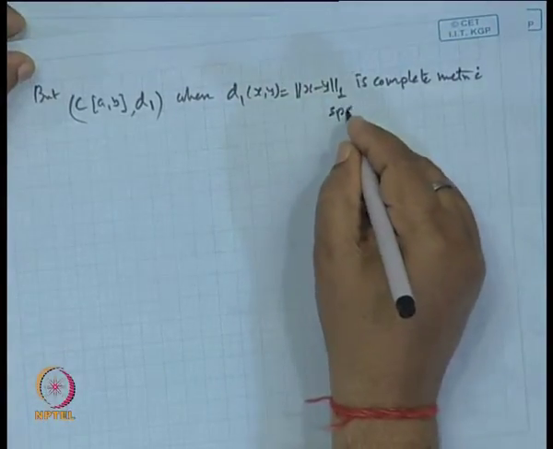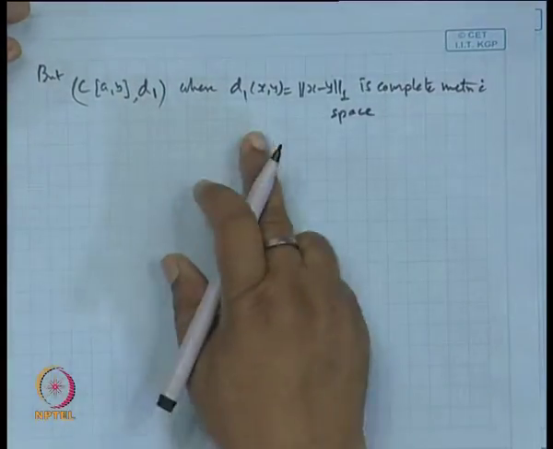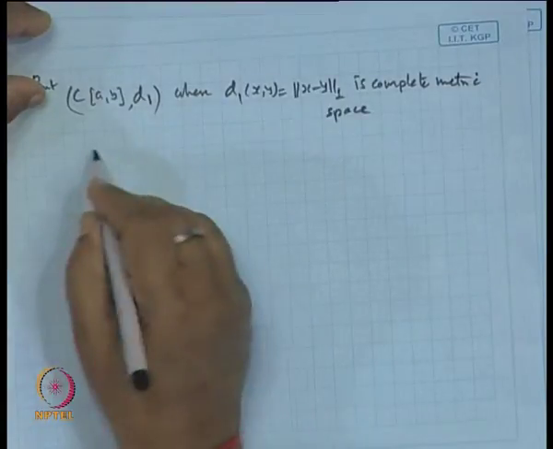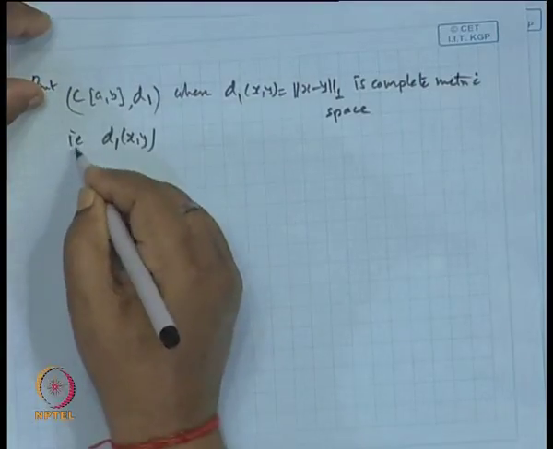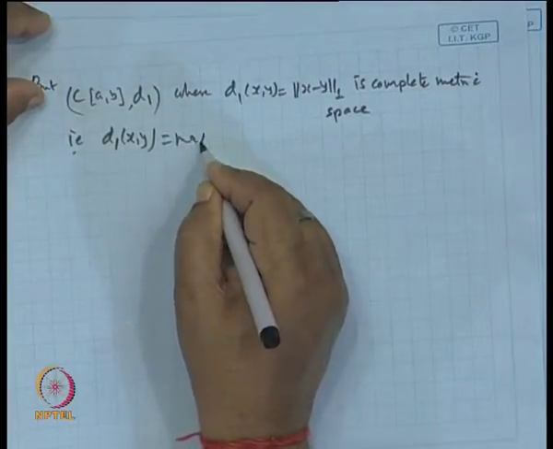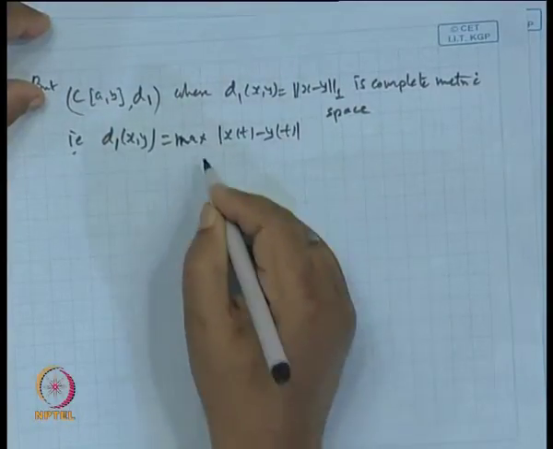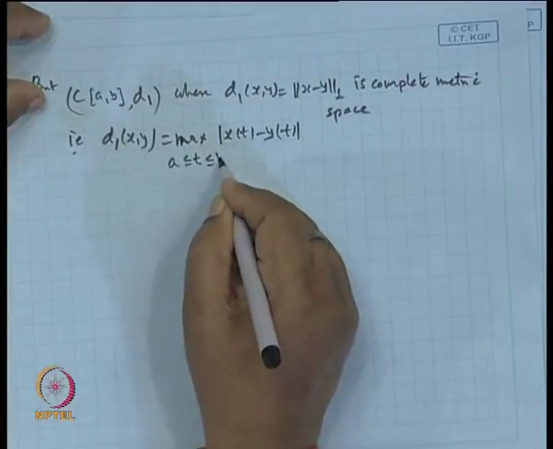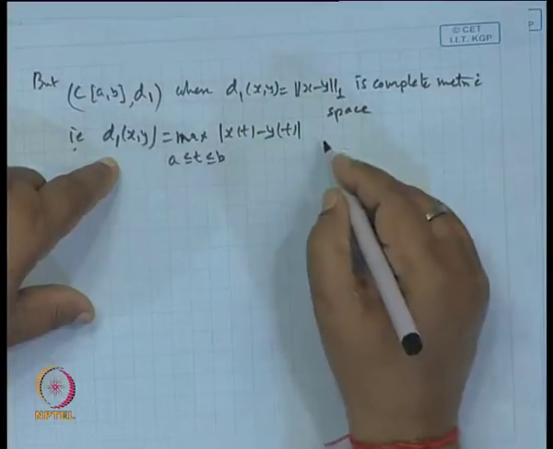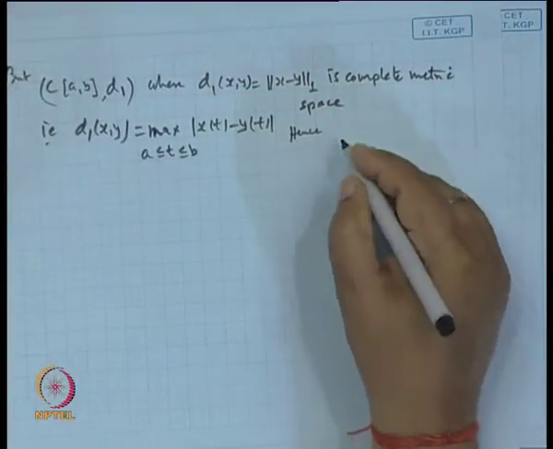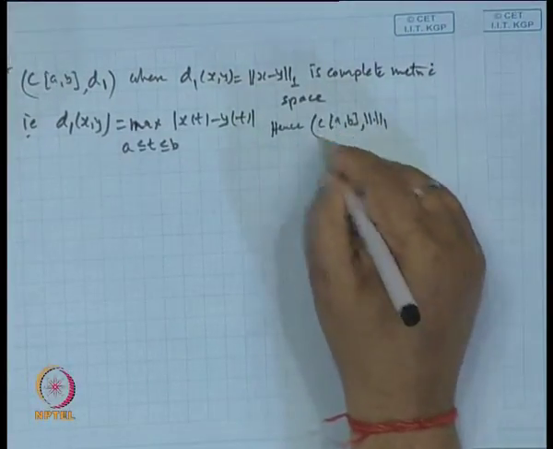That is, if I introduce d1 as the maximum of |x(t) minus y(t)|, t ranging over [a,b], then under this metric it forms a complete metric space. Hence, C[a,b] under the norm 1 is a Banach space.